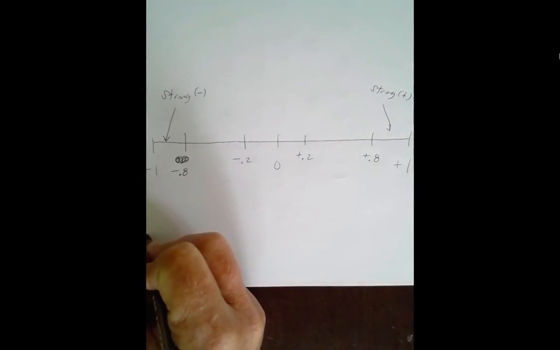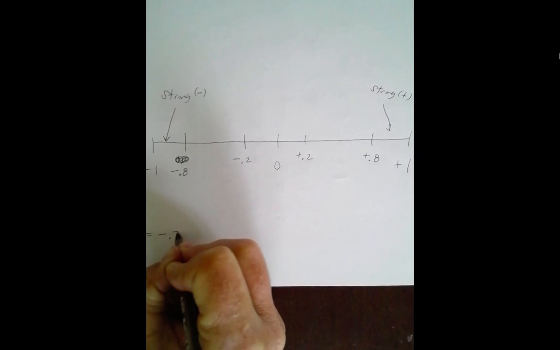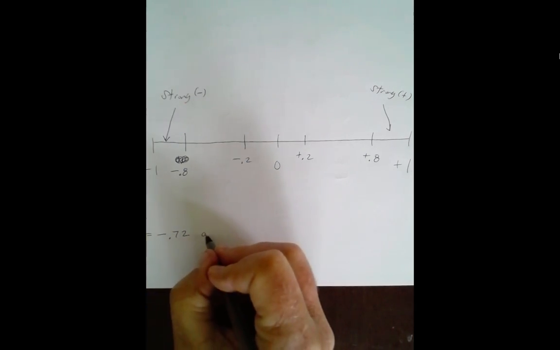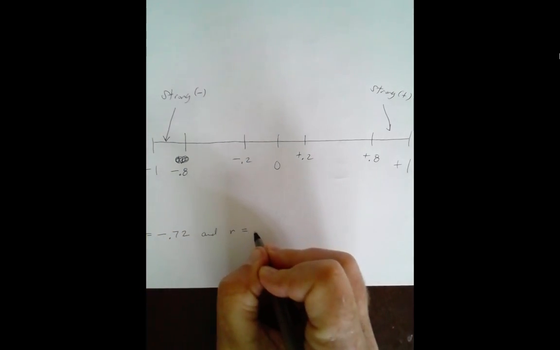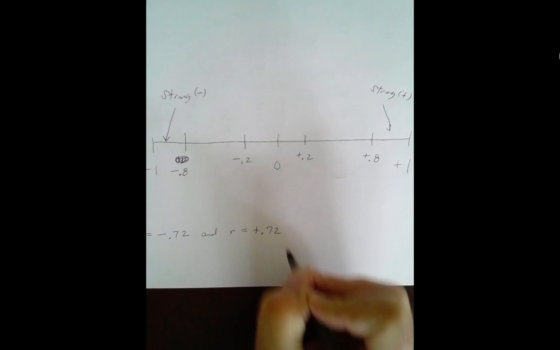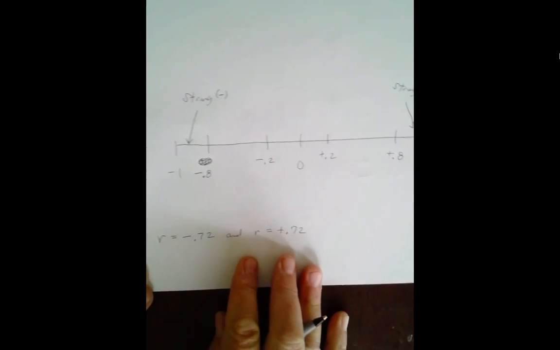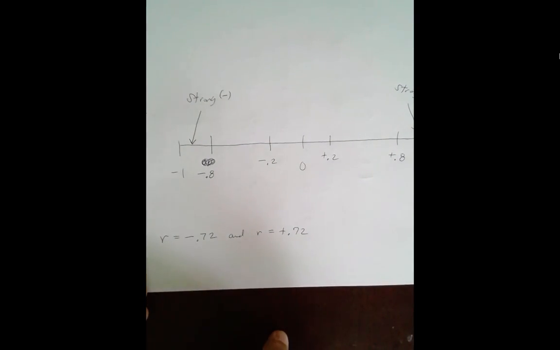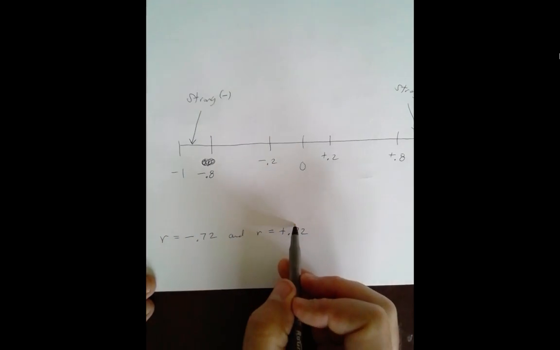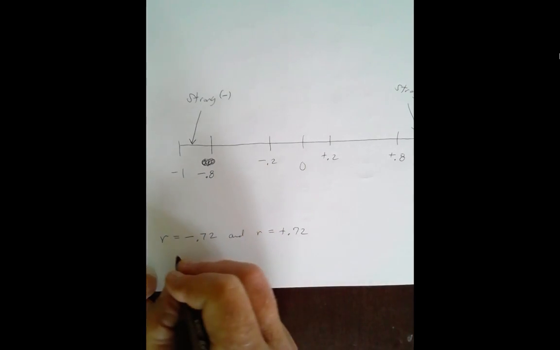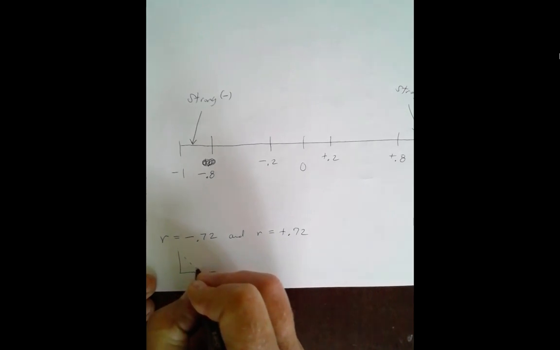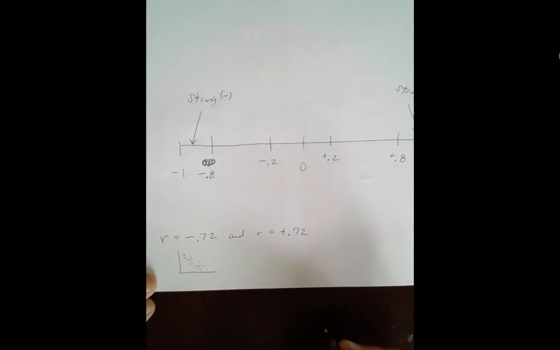Now, this is one of the toughest things to wrap your mind around with correlation coefficients. A correlation coefficient of negative 0.72 and a correlation coefficient of positive 0.72 indicate the same strength. The strength of the relationship is exactly the same here and here. The difference is this would have a negative tendency.